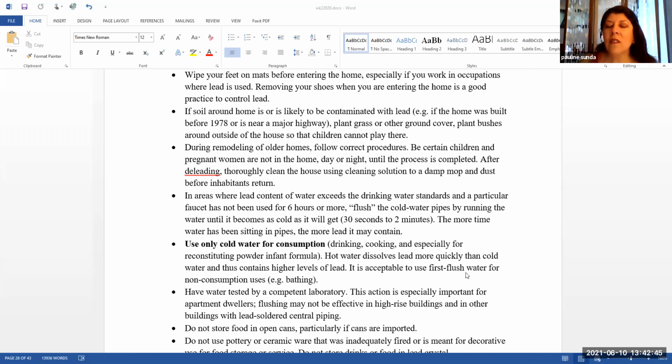Also, if the soil is contaminated, you want to keep them away from even the plant areas and other grassy areas around the home, okay? And what you can do to prevent them from playing in those areas is plant bushes so that they can't play there. During remodeling of older homes, you want to follow correct procedures.